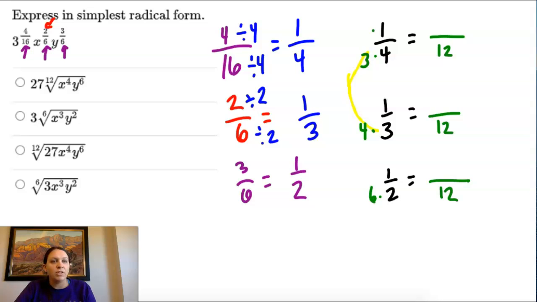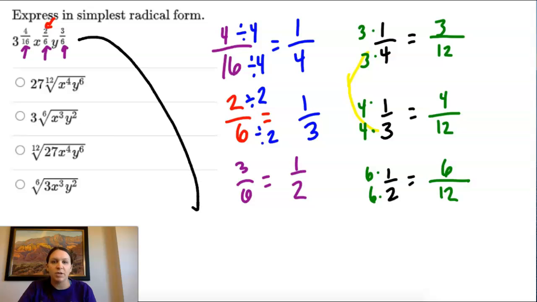And what you do to the denominator, you have to continue in the numerator. So I'm going to multiply all the numerators by those same numbers to get fractions with the common denominator. So when I rewrite this, I'm going to bring it down here.